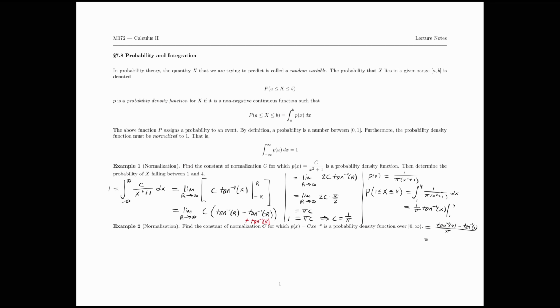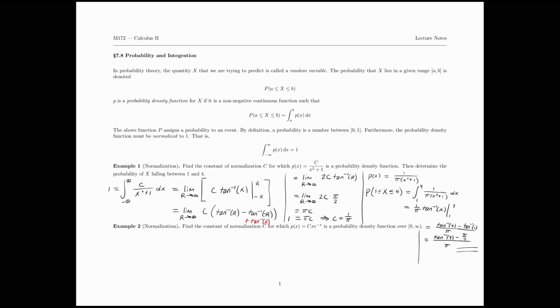Which simplifies just a little bit more. We can't simplify tan inverse of 4, so that just stays there. But tan inverse of 1 is going to be pi over 4. And there we go.